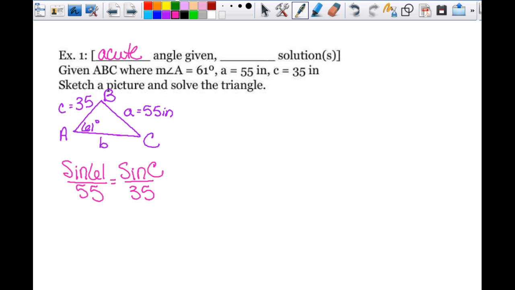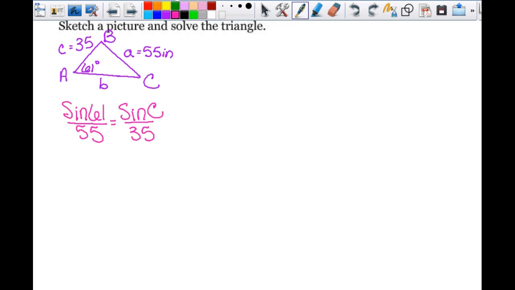Everybody with me so far? Okay, so now I'm going to cross multiply and divide. So I know that the sine of C is equal to 35 times the sine of 61 all over 55. Then we can find the measure of angle C from that.